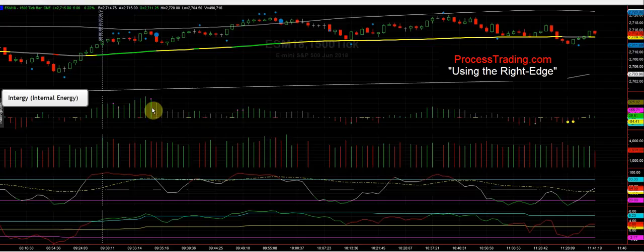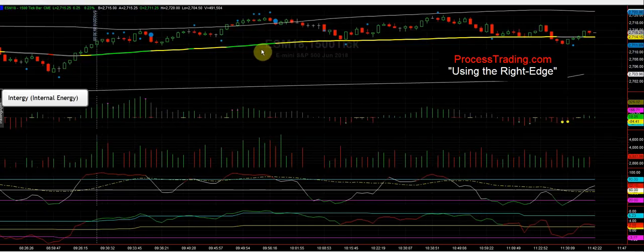Now, I can also say that volume is a component of the internal energy as it's measured in this indicator. But volume actually is a component of the whole trading system, because the whole trading system with all its indicators revolves to some degree around the VWAP.